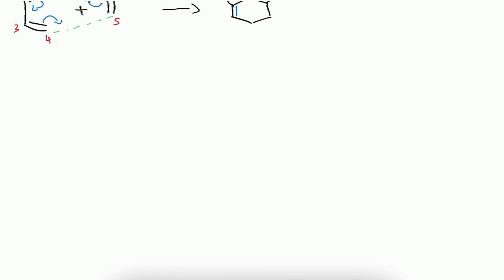Let's have a look at another one. I'm just going to show this one so that you can do it numerically if it helps. So let's number the carbons. 1, 2, 3, 4, 5, and 6. So we've got a new bond forming between 1 and 6.